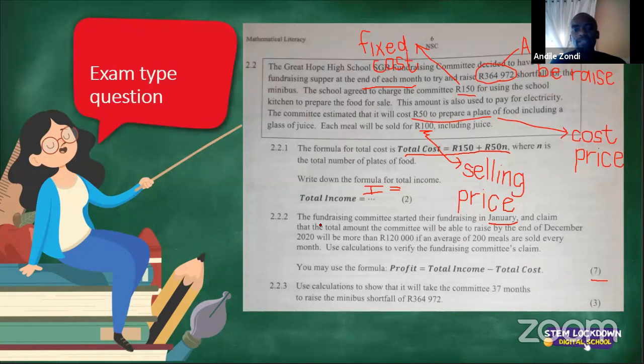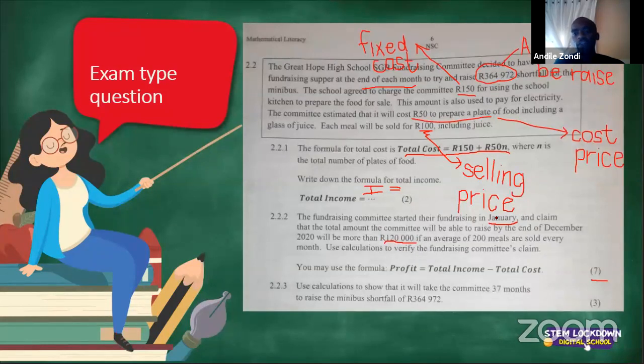The claim is that the total amount the committee will be able to raise by the end of December 2020 will be more than the given amount. This is what you are proving. So we are not using this in our calculation, but you must prove that our answer is more than this.